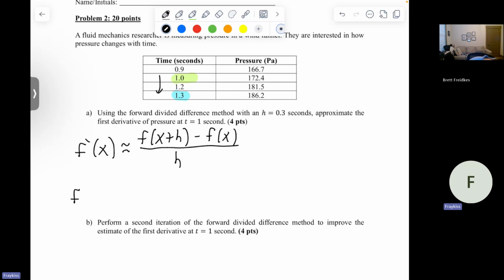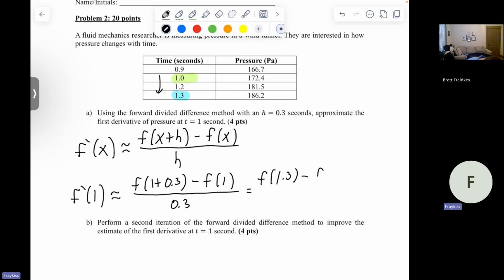So if I want to find the derivative at 1 second, that will be the same as f of 1 plus h, where h is provided, minus f of 1 divided by 0.3. This is the same as f of 1.3 minus f of 1 divided by 0.3.